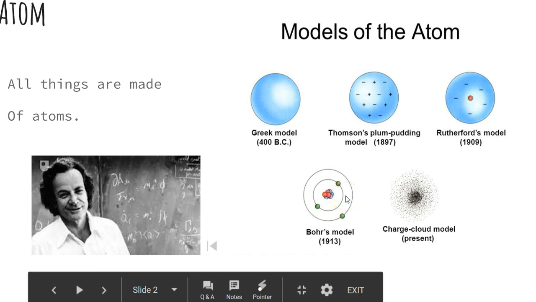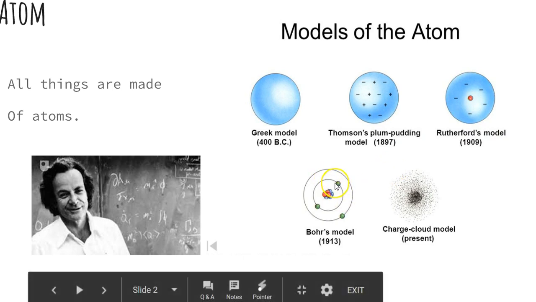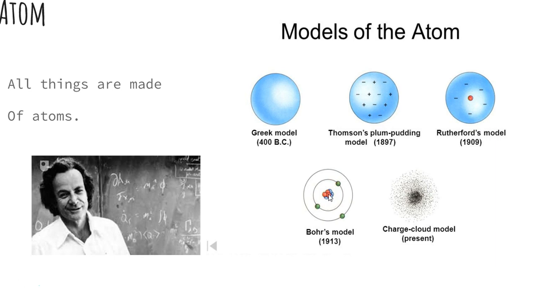Bohr's model in 1913 found that the electrons aren't just randomly distributed, they actually are contained within these orbitals or shells. And each of the shells actually has very distinct energy levels. Taking on Rutherford's model, the protons and the neutrons, the neutron having been discovered by Chadwick, are found in the nucleus.